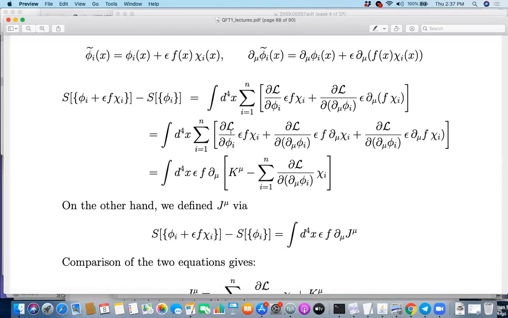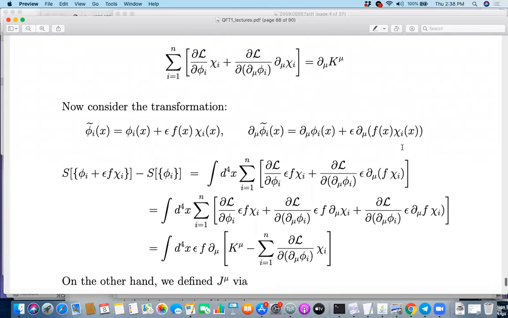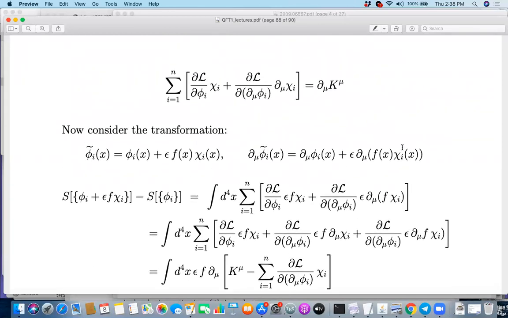So the second line, all I have done is just expanded this out. This derivative I have written as epsilon times f times del mu chi I, where the derivative acts on chi I, and then this term is epsilon times del mu f times chi I. Otherwise nothing has changed. Now I'm going to use this identity here. This was a general identity that L and chi I satisfy.